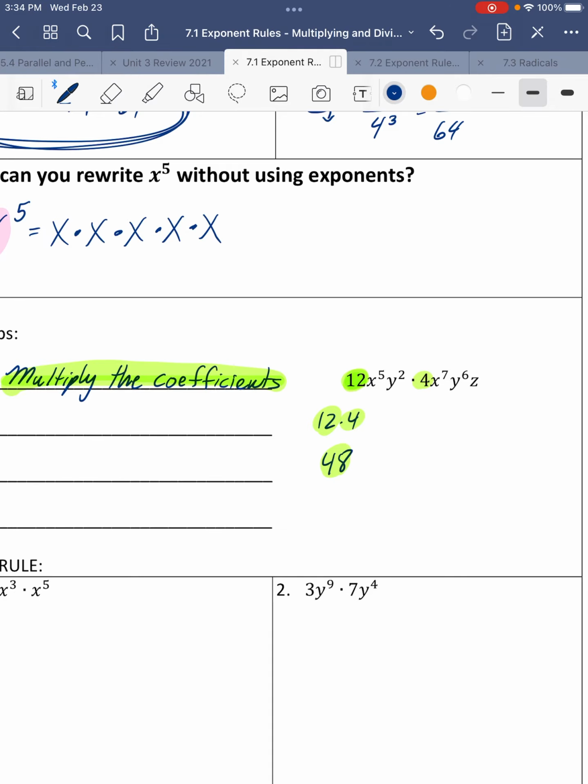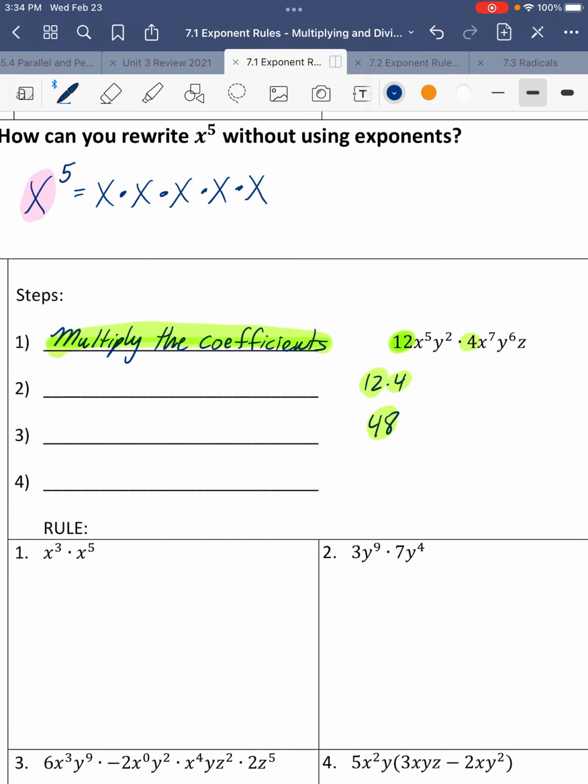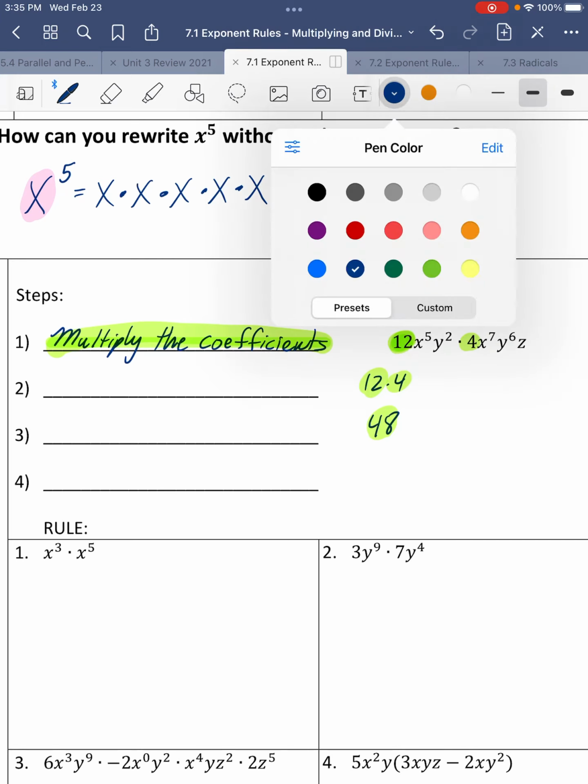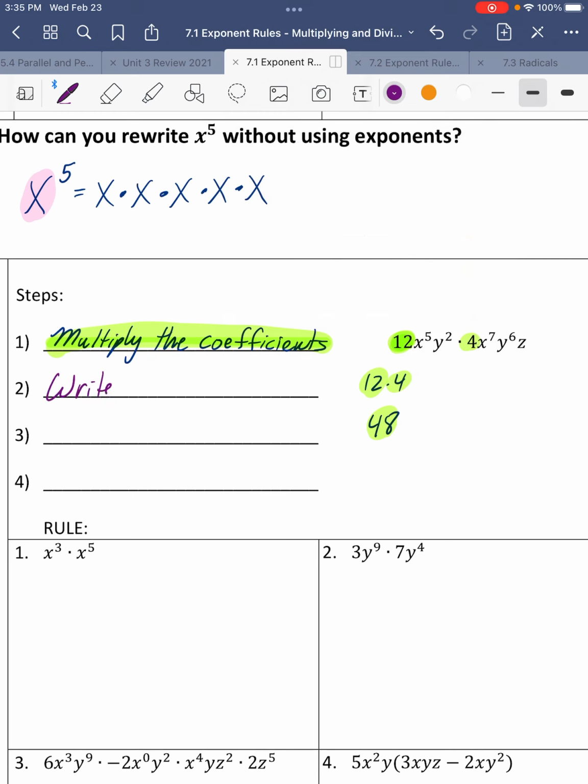Next, you're going to write out all the variables. Let's do this in a different color. We're going to write out the variables using the exponents. So like x to the fifth is going to end up being x times x times x times x times x, so 5 x's.